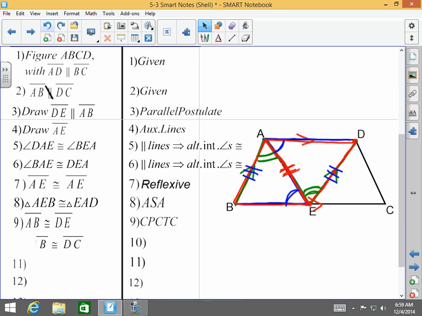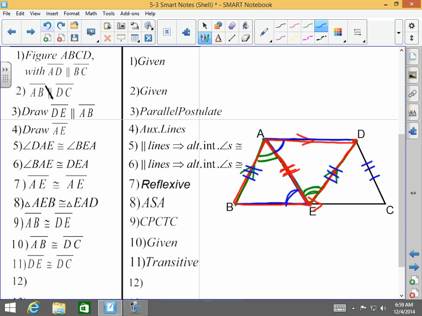Then from there we can state that AB is congruent to DC because it's given. So that means this guy's congruent, right? Then from there I can state that DE is congruent to DC because of the transitive property. Why transitive?